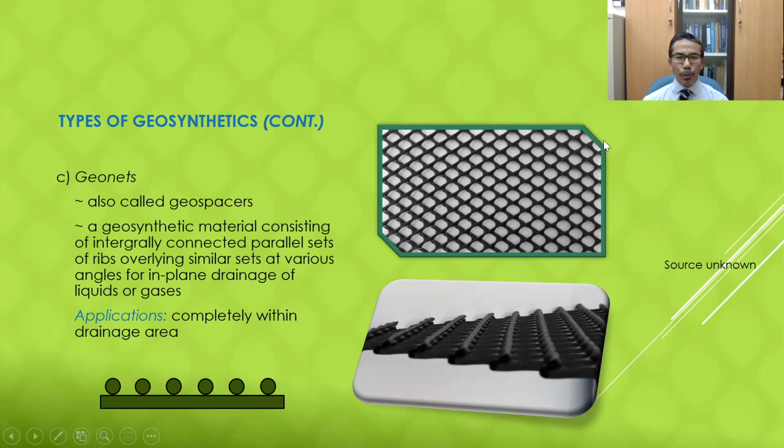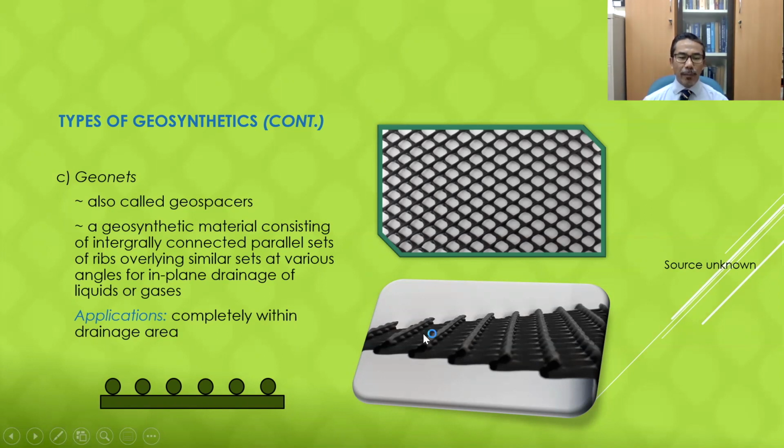This photo shows the view from the top of a geonet, and then this is from the side. So we can see the parallel ribs here, placed on top of another set of parallel ribs. We can see the space here between ribs, and also actually space between the ribs in that way.